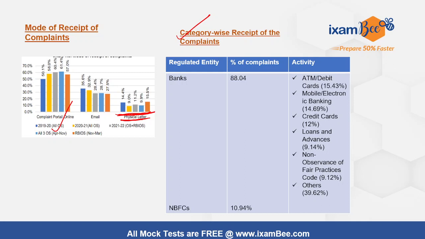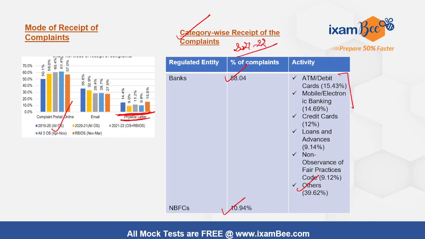Banks have received the maximum number of complaints, 88.04% of the complaints, in various categories like ATM, debit card, mobile and electronic banking, credit cards, etc. And NBFCs have received 10.94% of the complaints, and this data pertains to this year, 2021-22.